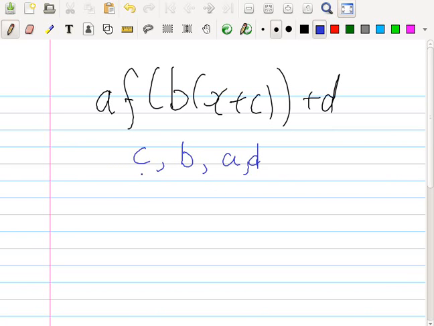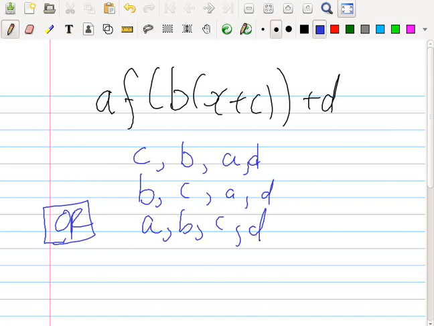It should have been B, C, A, D. Or there's another one you could have used which gives you the same answer, which is maybe easier to remember, which also works: A, B, C, D. Do you understand what I'm saying? I gave you the wrong order. I told you C, B, A, D, where it should be B, C, A, D, or A, B, C, D. Probably A, B, C, D is the easiest one to now remember.